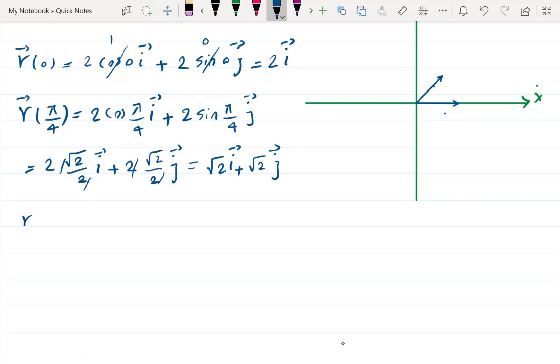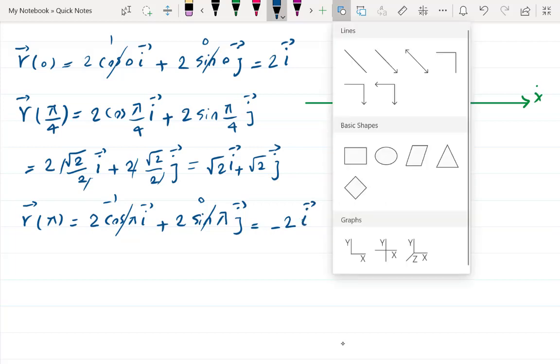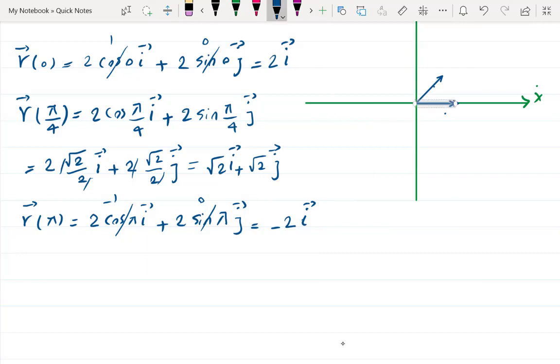Then we plug in pi. r of pi is 2 cosine of pi i plus 2 sine of pi j. Cosine of pi is negative 1, sine of pi is 0. It is equal to negative 2i. Negative 2i is this one.